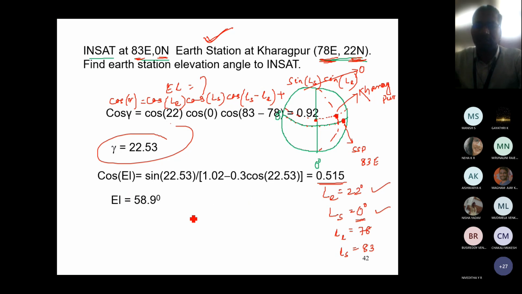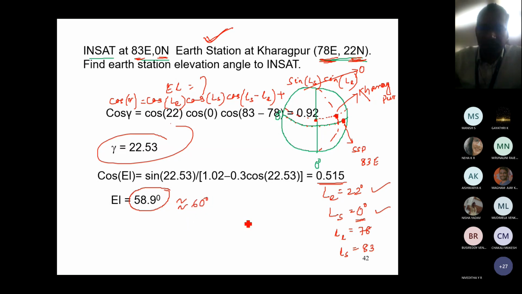That is cos inverse of 0.515, which will give you 58.09 degrees. Just look at this value that we are obtaining. The elevation is 58.9 degrees, which is nearly equal to 60 degrees.